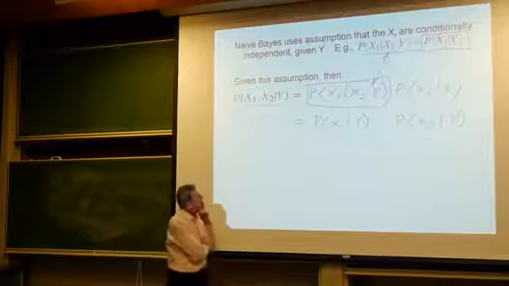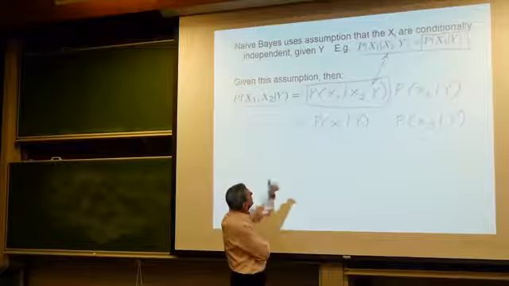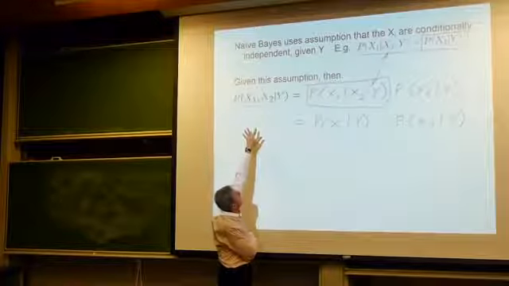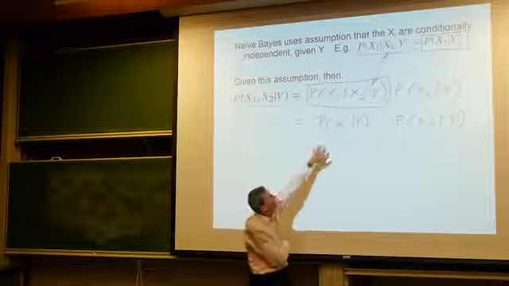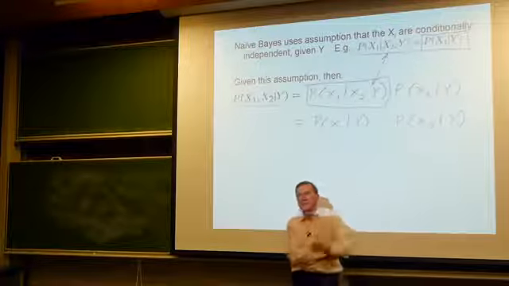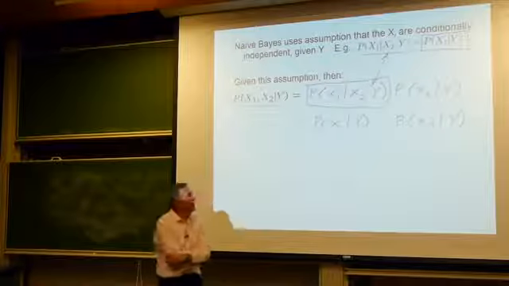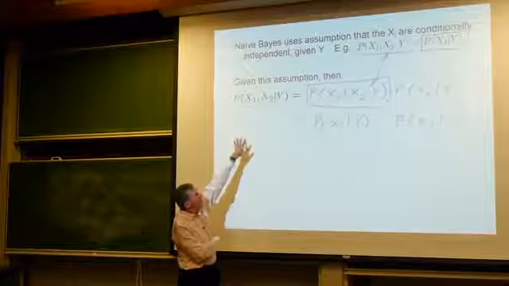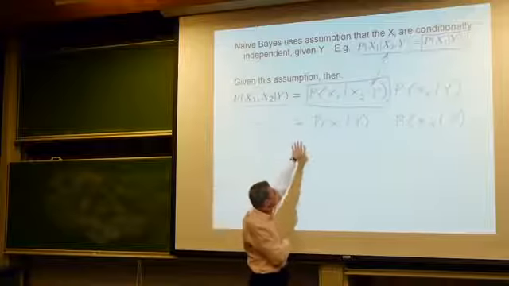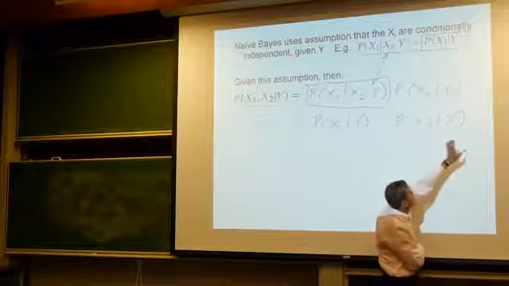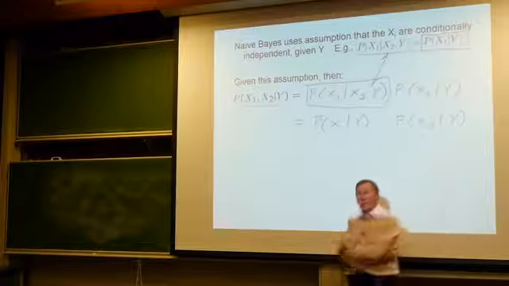So that conditional independence definition justifies writing anything of this form as just the product of these independent probabilities. And similarly, if we had an x1, x2, x3, then you can work out that it'll just turn out to be the product of this term times p of x3 given y.